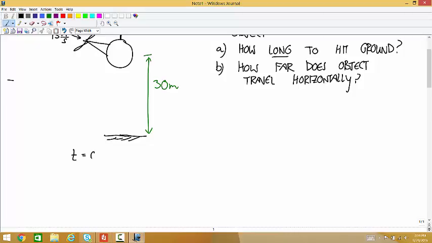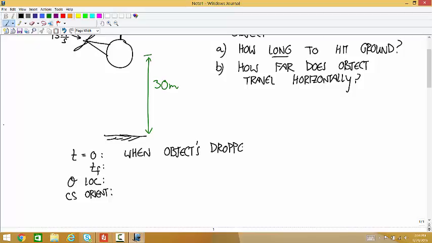We have to choose an instant for time equals 0, an instant for time final, the origin location, and a coordinate system orientation. For time equals 0, we're going to choose when the object's dropped. For time final, we're going to choose when it hits the ground.